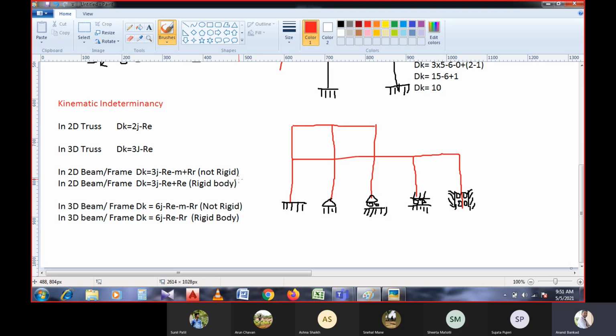So here the condition you can consider it is a rigid body. Consider as a rigid body.